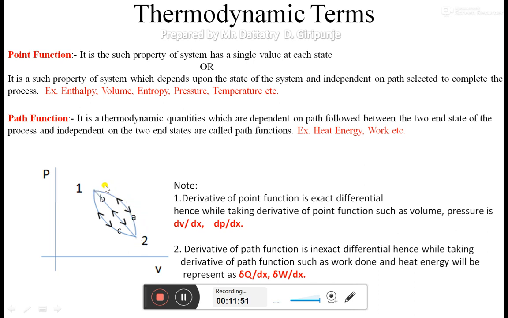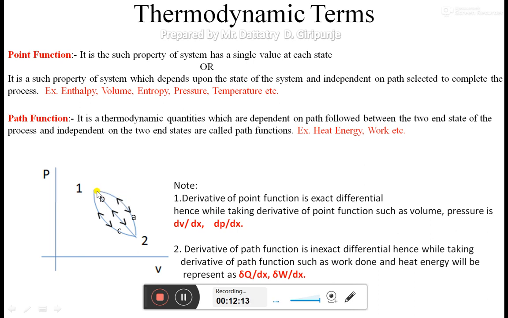In between these two points, we can travel by path A, we can travel by path B, we can travel by path C. But if I travel along path A, then along path A also there are a number of points, a number of states.